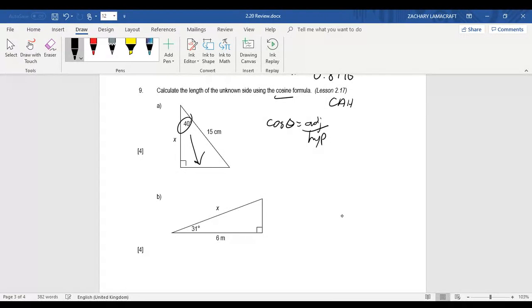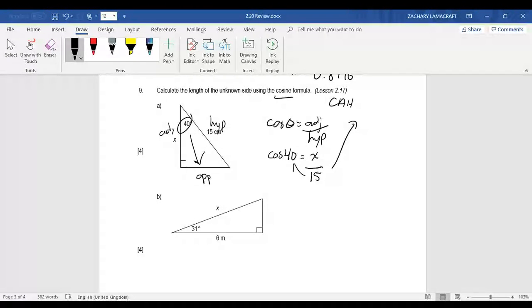The one across is opposite, the big one being hypotenuse, and the one beside, of course, being our adjacent side. So it'd be cos 40 is equal to the adjacent side, which is x, and the hypotenuse being 15.